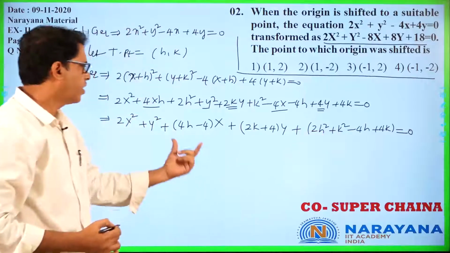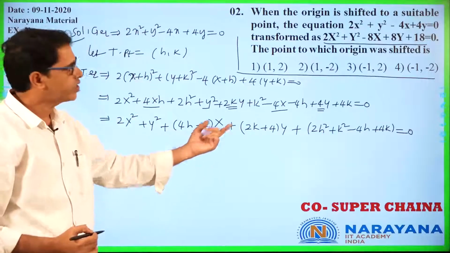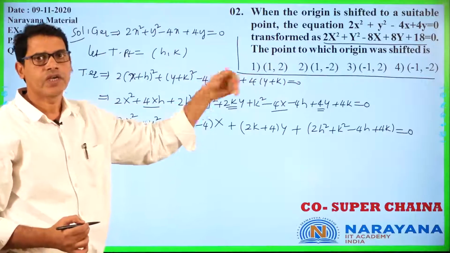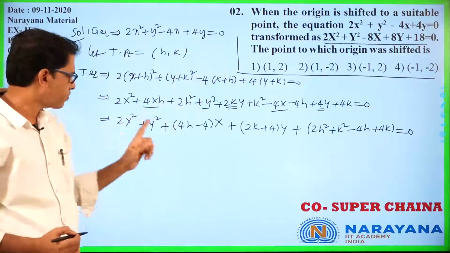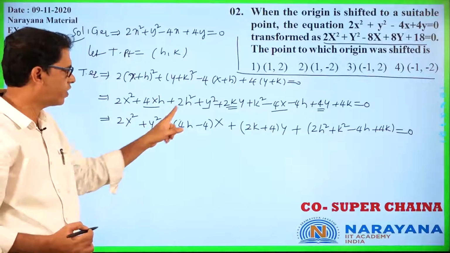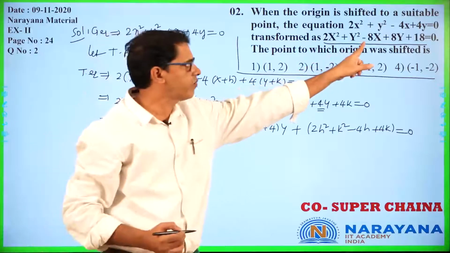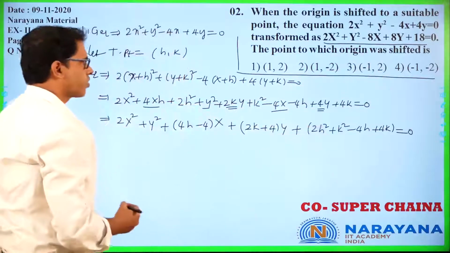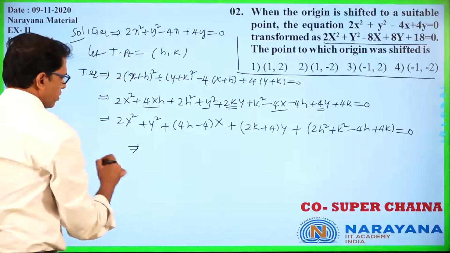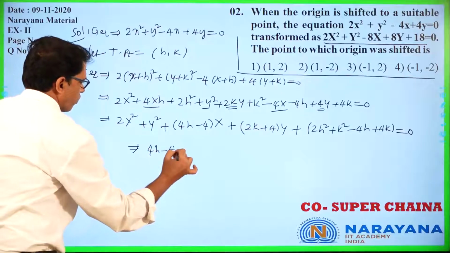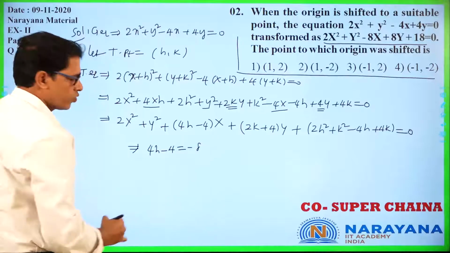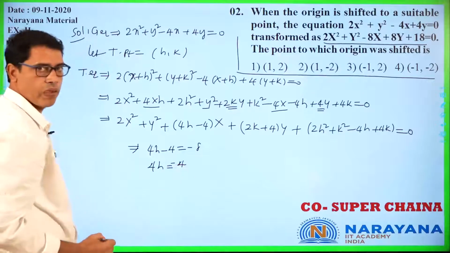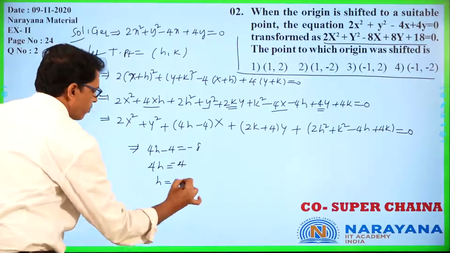The x coefficient should be −8 and the y coefficient should be +8. Equating the x coefficients, 4h − 4 = −8, so 4h = −4, so h = −1.